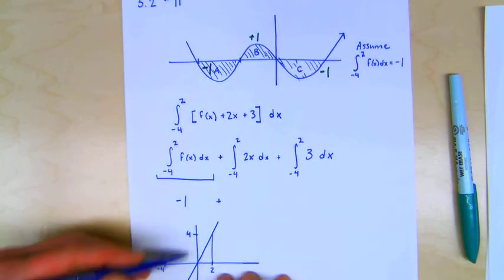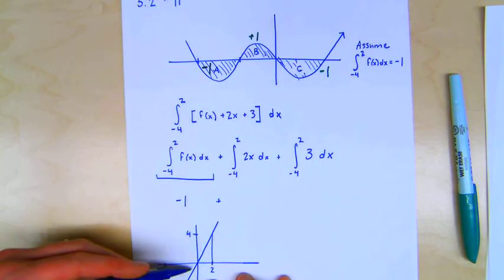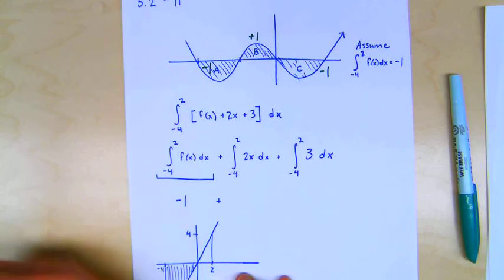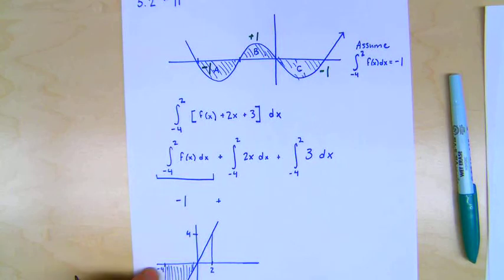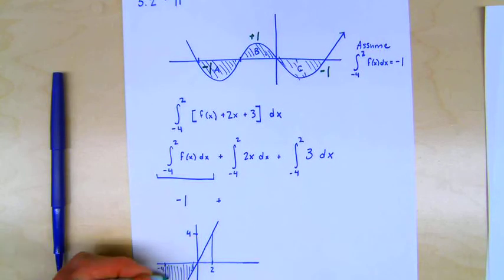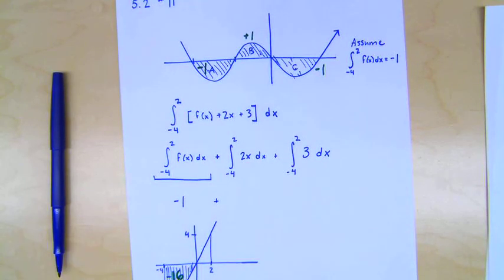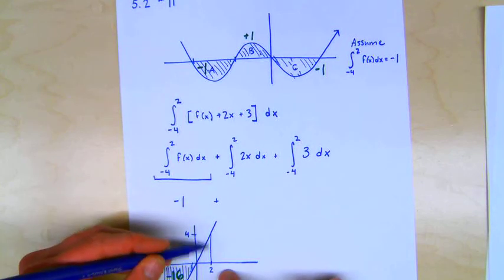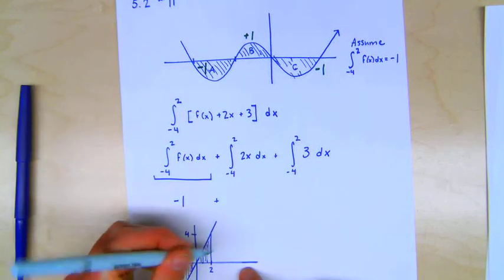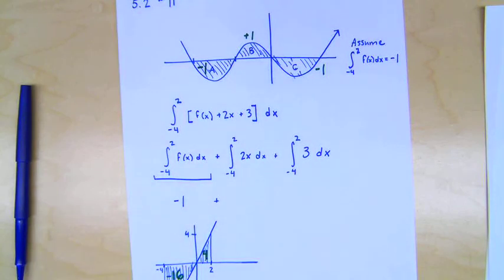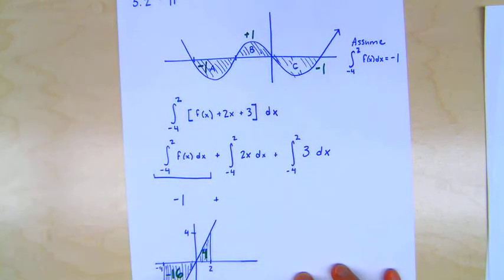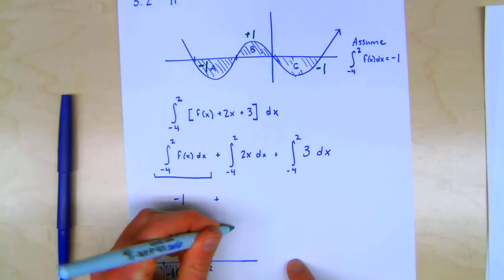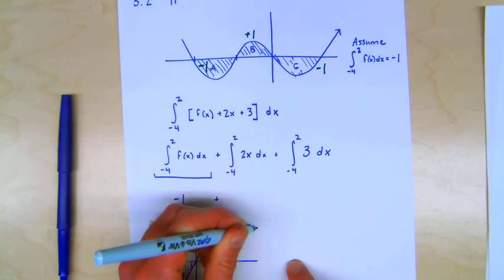So I would say that the area under this part, this triangular piece, is going to have an area of 8 times 4 divided by 2, which is 16. And this chunk is going to be 2 times 4 divided by 2, which is 4. So that would mean that this whole thing would give me 4 minus 16, which is -12.